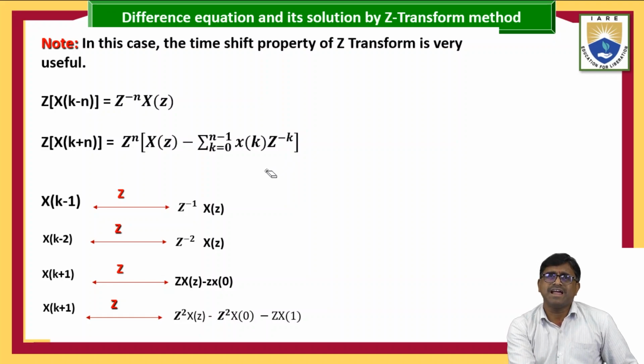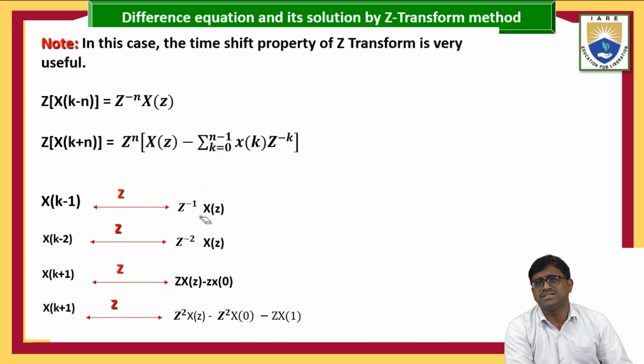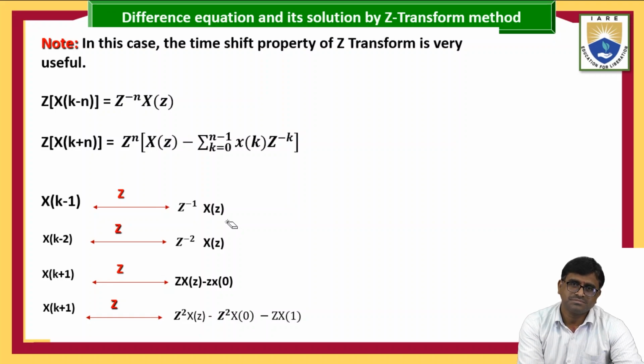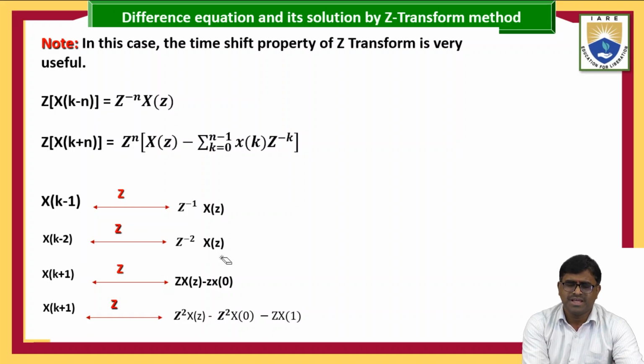So once again I am recalling the functions: if x of k is a unit delay, that is x of k minus 1, the Z-transform is z to the power of minus 1 into x of z. Similarly, for two intervals, x of k minus 2, it comes to z to the power of minus 2 into x of z.